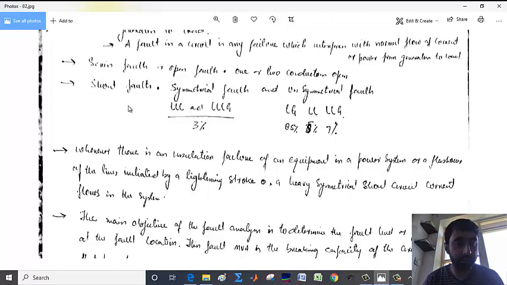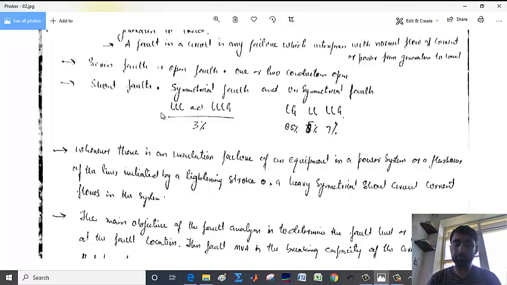Shunt fault results in an increase in the fault current, and series fault results in an increase in the voltage. In case of series fault, it is nothing but an open circuit, where the conductors may get open due to the fault, and we may have one or two conductors open, which results in the series fault.